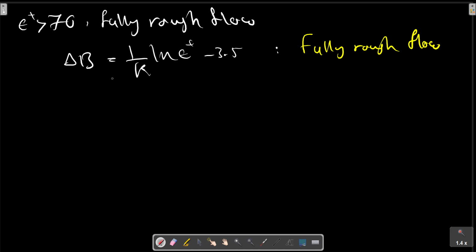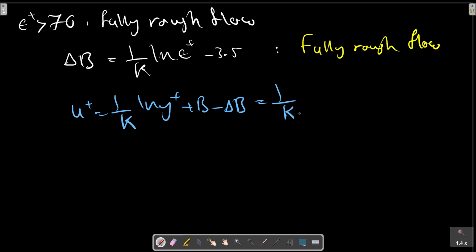And the logarithmic law modified for roughness, with B minus delta B, which is the logarithmic law modified with roughness.